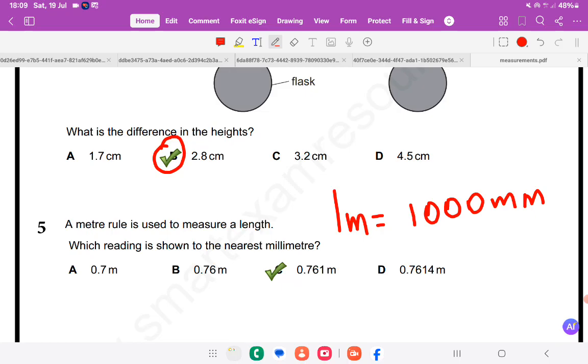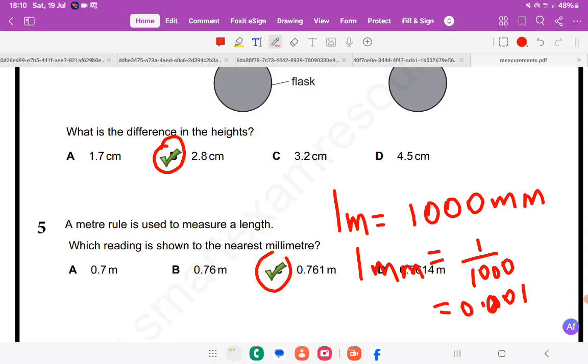That means 1 mm is going to be 1/1000. Okay, so in this case we shall have 0.001. In other words, we shall have our value to 3 places of decimal. So all we have to do is look for the option that has 3 places of decimal, and that happens to be C.